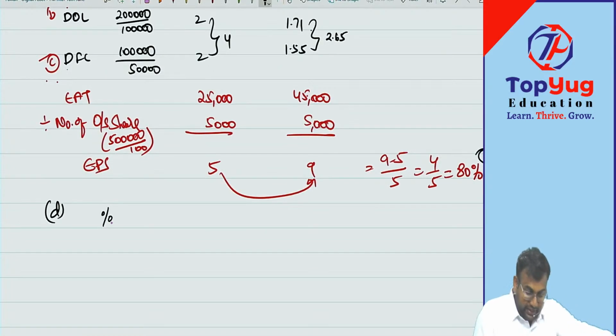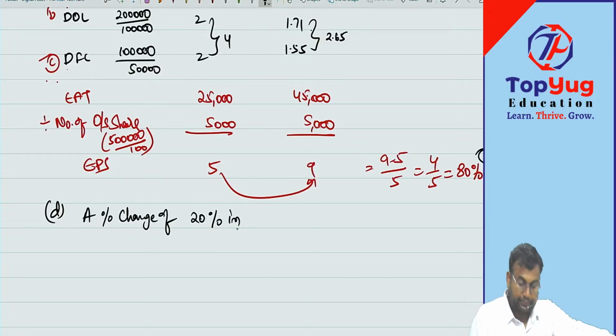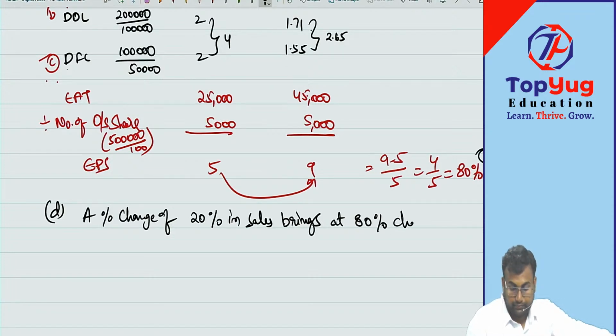You have to write it in this manner. A percentage change of 20% in sales brings a 80% change in EPS.